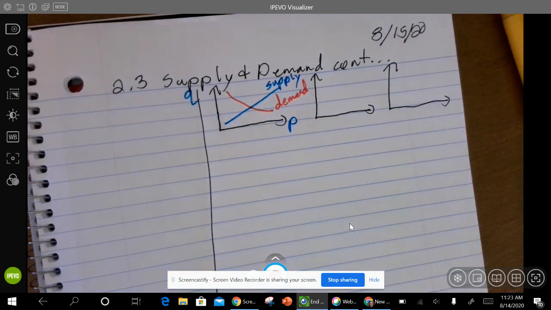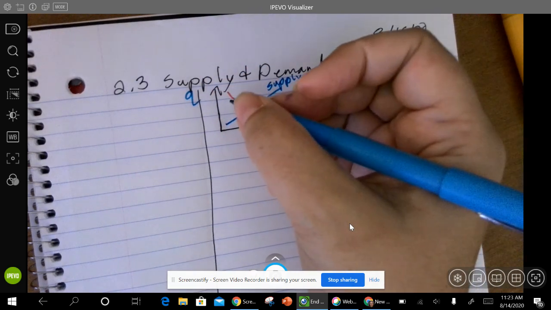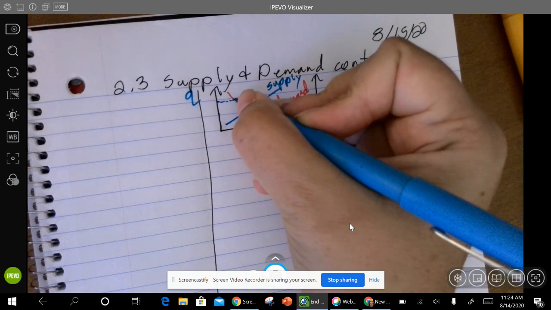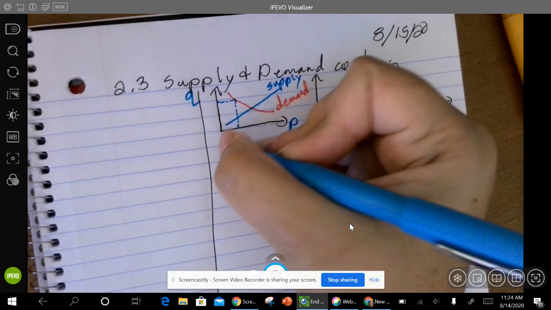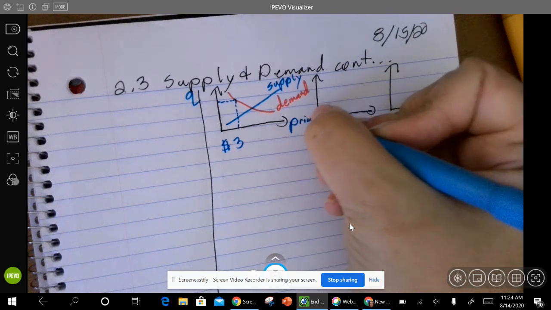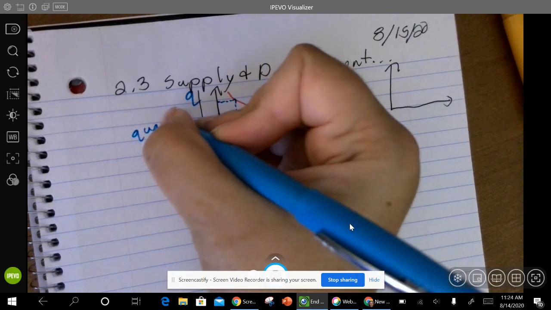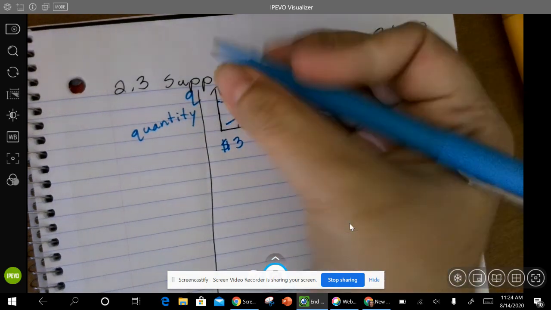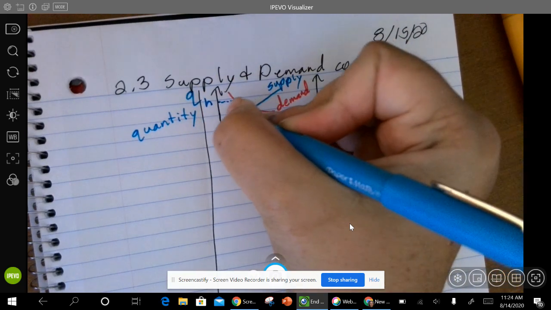Okay, so say with this one, if I'm looking right here where the price is $3, and this is price, I'll write out that this is quantity. Okay, so with this one, I'll put H right here. So this is for the demand part.